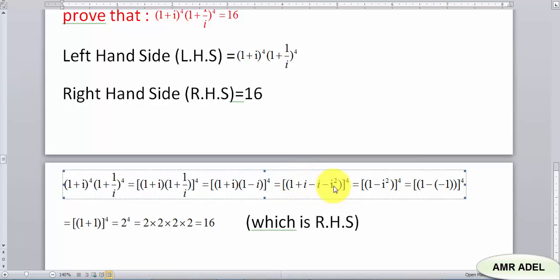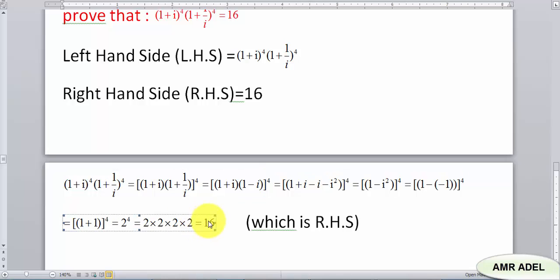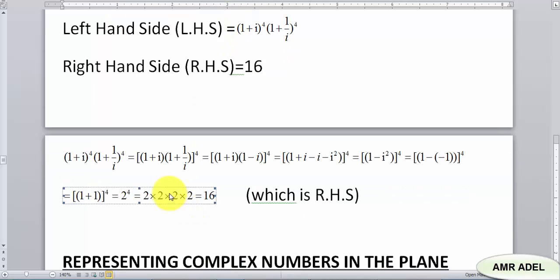It will be 1 minus i squared. Instead of i squared, we put its value, which is minus 1. Open this bracket: 1 minus minus 1 is 1 plus 1, which is 2, to the power of 4. It means 2 multiplied by itself 4 times, which is 16. Now we have 16, which means the right hand side, so our solution is right.